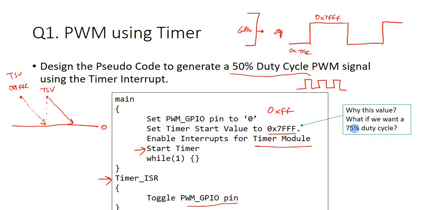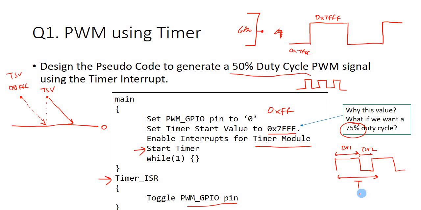Now, what if I want a 75% duty cycle? In that situation, we want to be high a bit longer and low a bit shorter, correct? So what I need to do is figure out two TSV values, TSV1 and TSV2, and the whole T is their sum.